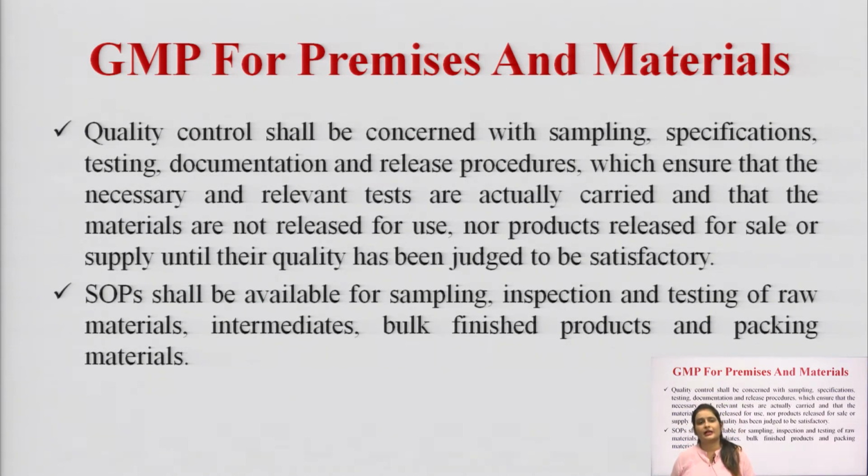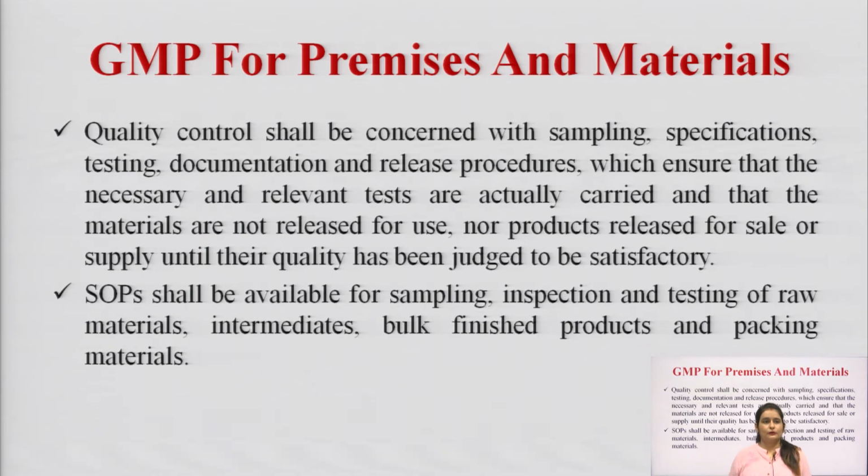Quality control shall be concerned with sampling, specification, testing, documentation and release procedures, which ensure that the necessary tests are actually carried out and the materials are not released for sale and supply until their quality has been judged to be satisfactory.